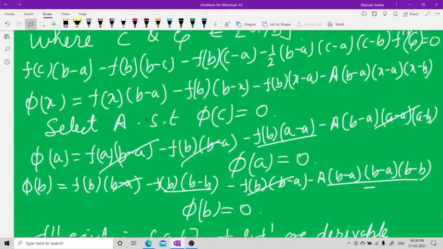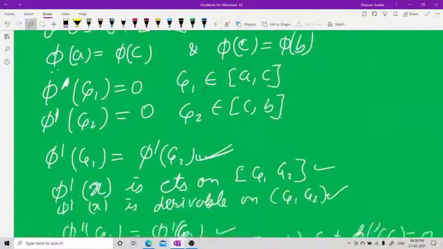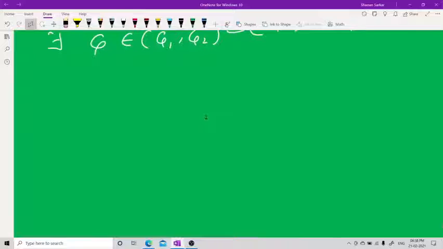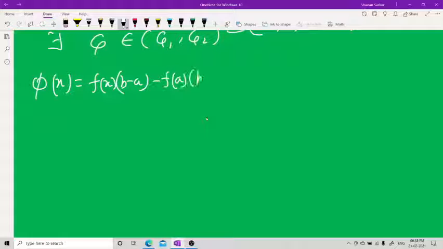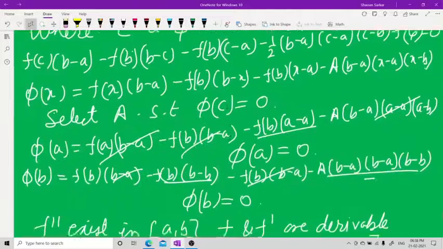What is phi x? Let us write it down completely. Phi x was f of x (b minus a) minus f of a (b minus x). Let us check.